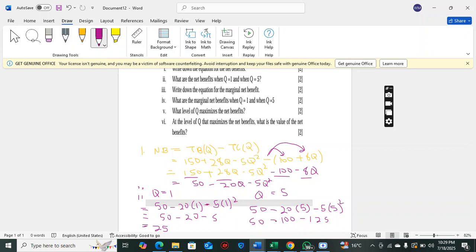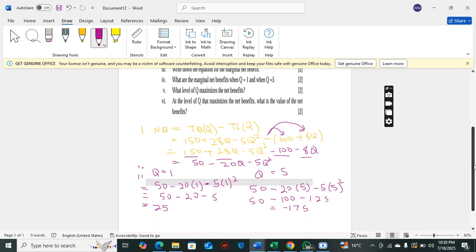So 50 plus 100 is 150, and 150 minus 125 is 25. Here, the net benefits are 25, so producing 5 units still gives a positive net benefit.